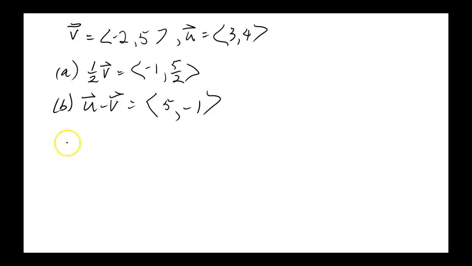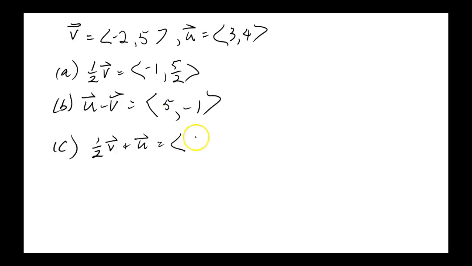All right. C is 1/2 V plus U. That would be 2 and 3/2. Oh, the first number is 2.